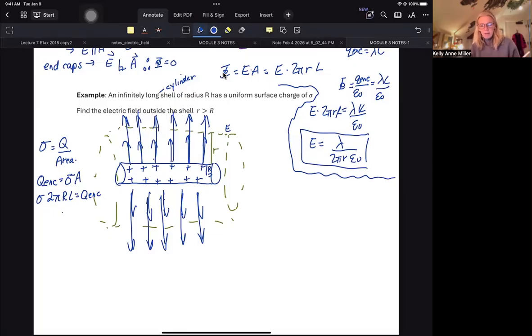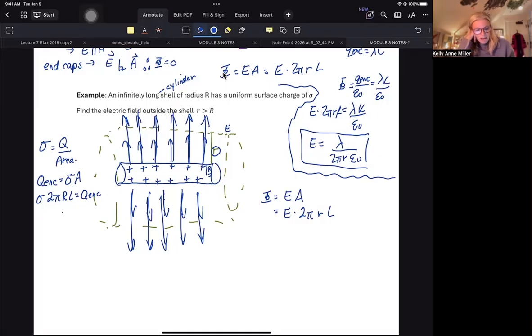Now I'm going to write out my two expressions for flux. Flux is going to equal the electric field times the surface area of my Gaussian surface, so that's E times 2 pi lowercase r times L. Remember, lowercase r is the radius of the Gaussian surface, whereas uppercase R is the radius of the actual cylinder.